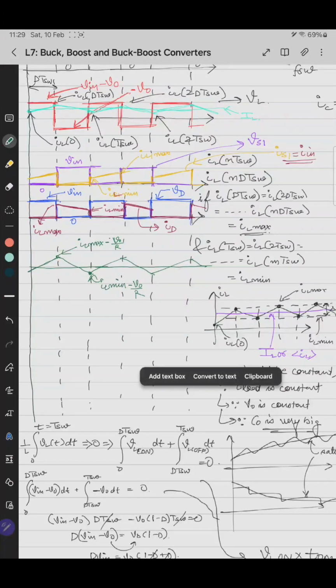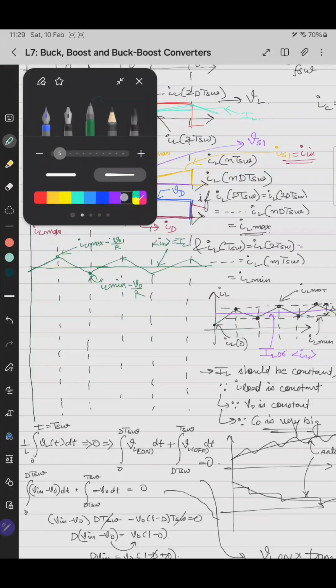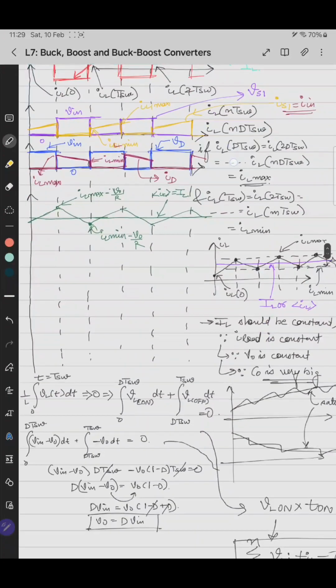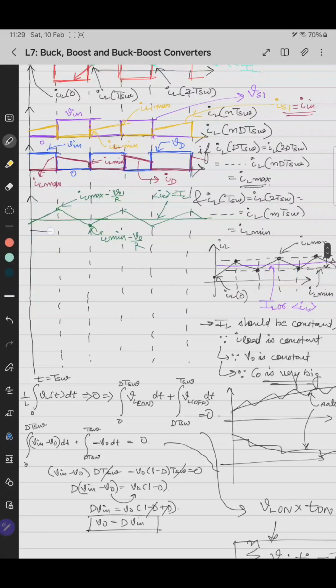So what is this average value? Average value, capital IC, we don't know. This is the t equals 0 axis for the waveform, and this waveform is IC of t.